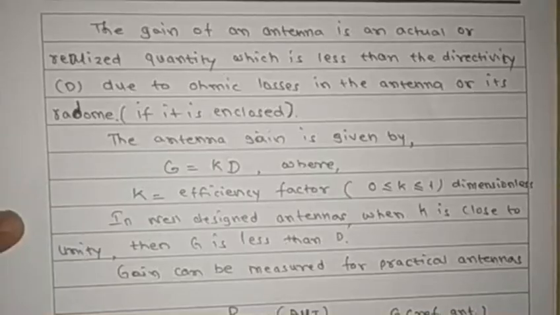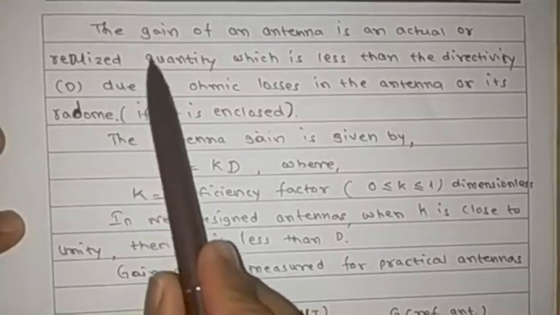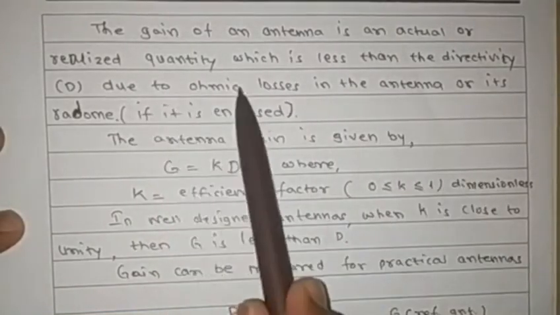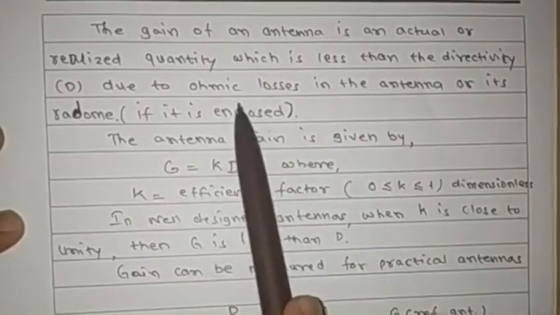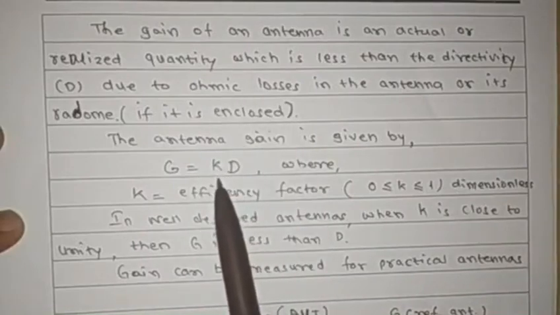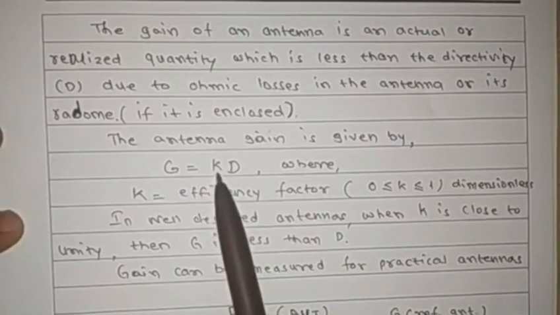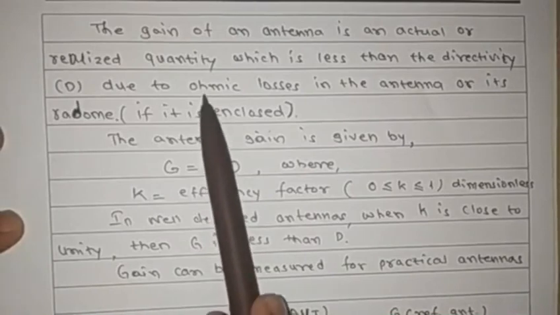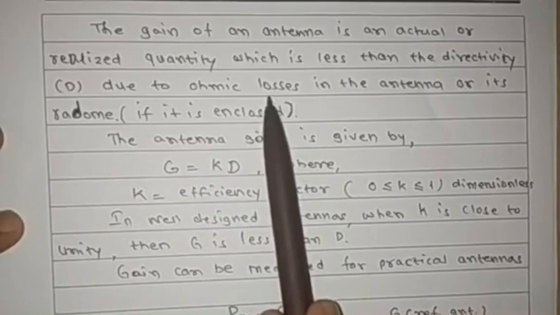The next concept is gain of an antenna. The gain of an antenna is an actual or realizable quantity which is less than directivity because it is the product of directivity and efficiency. So this is another term, antenna efficiency. It is not beam efficiency, but it is the overall efficiency of an antenna, and it depends on ohmic losses and radiation losses.